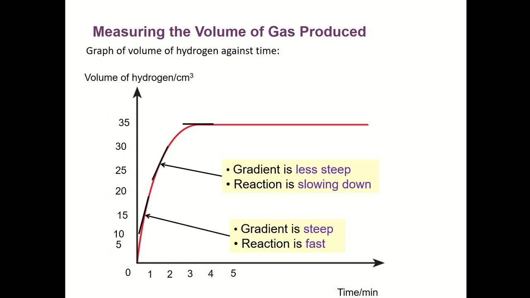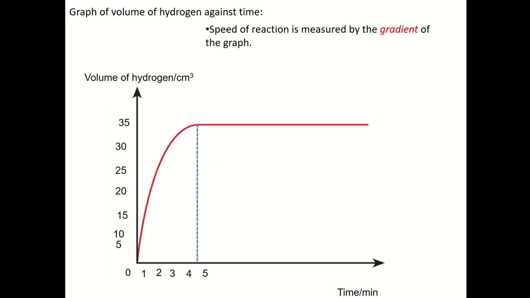So the gradient decreases as the reaction proceeds, which is the same trend as if you use method 1 to measure the speed of reaction. So for speed of reaction, you can plot the graph of volume of gas versus time, and the speed is measured by the gradient of the graph.